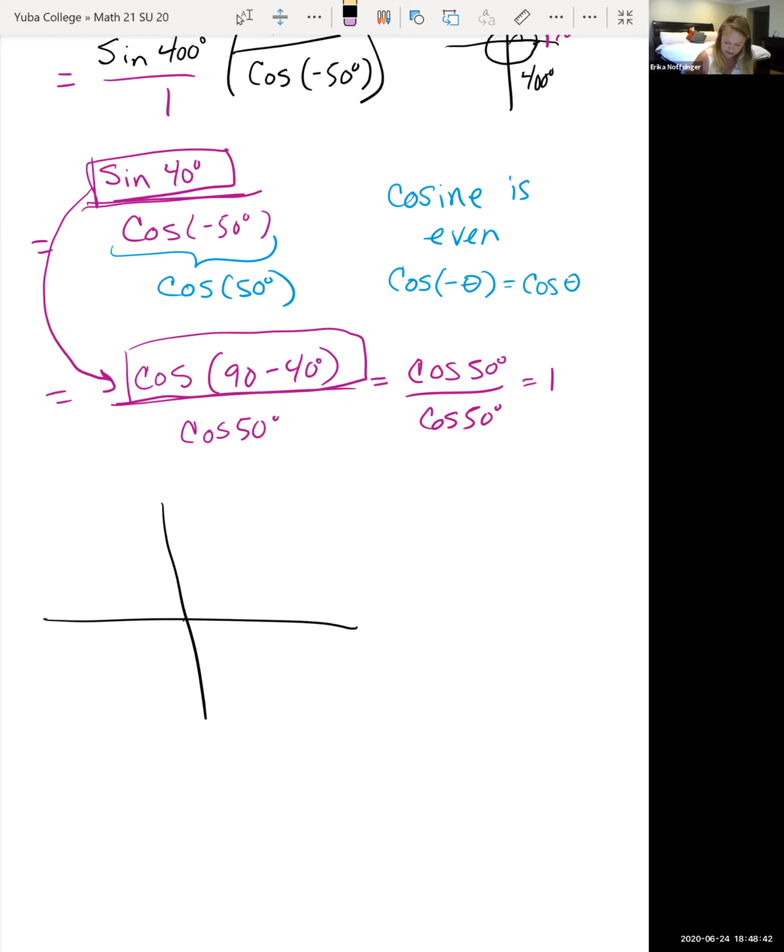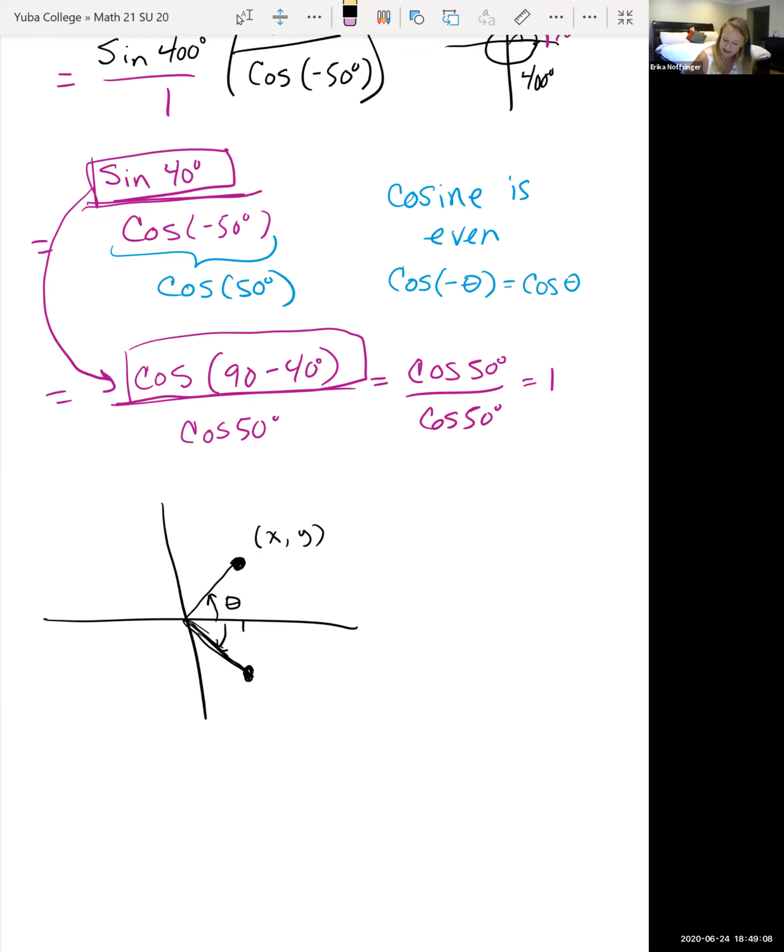So if we think of this as theta, we have some point here, this is our x and this is our y value. And we go the opposite direction, so let's say we go negative theta. That would get us in the fourth quadrant, so this point right here is going to lie here.